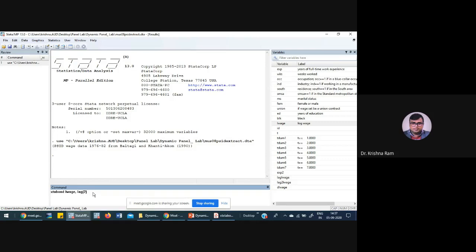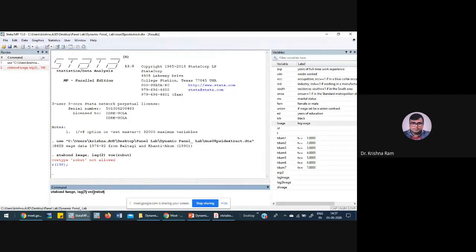Lag 2 means we are using two lags of the dependent variable as regressors, which are the first lag of log of wage and the second lag of log of wage. And then the vce robust command, just to get rid of the autocorrelation problem. Otherwise, we get inconsistent estimates of the parameters.